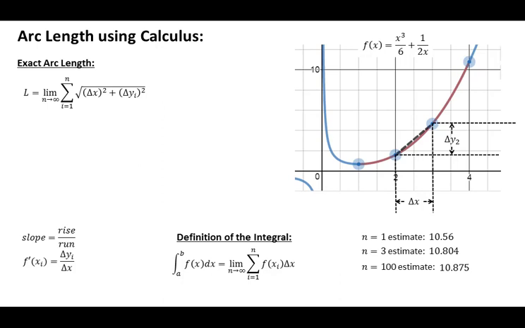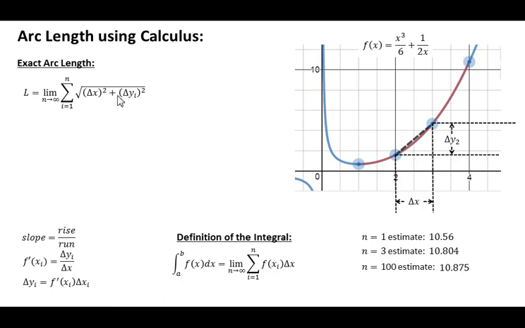We can also call the slope f prime of x. In this case, f prime of x sub i is going to be equal to this delta y sub i over delta x. So you can see if we're looking at a particular segment, the slope of this segment is just the rise over the run. So it's delta y over delta x. So we can solve for our delta y here and say delta y is f prime of x sub i times delta x sub i.